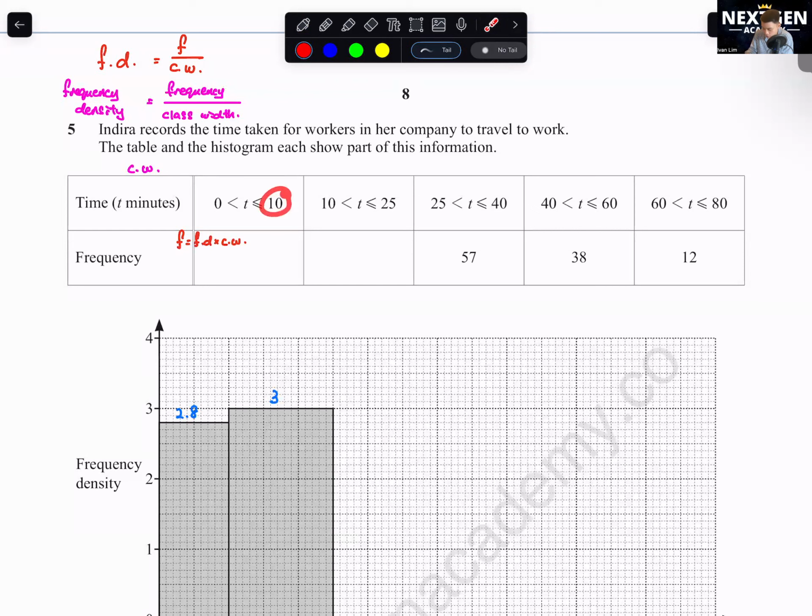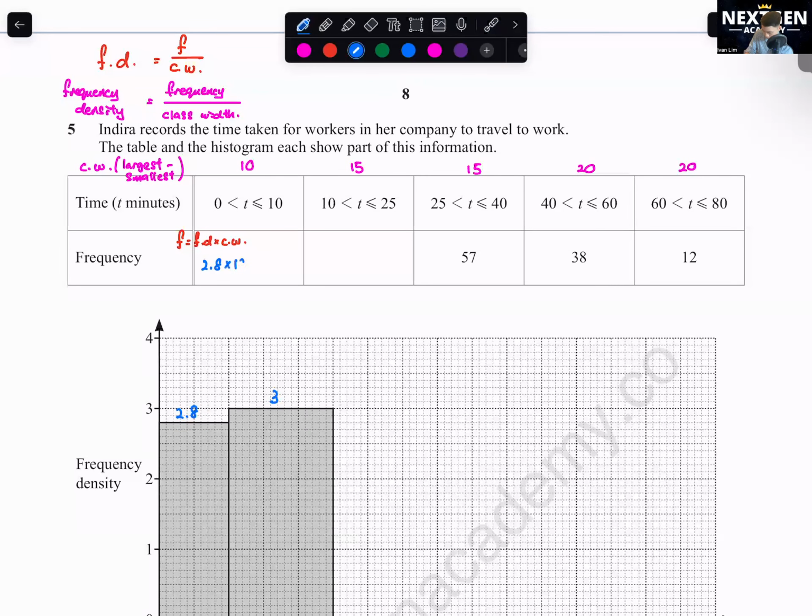So you take the largest value minus the smallest value in the class. Just write here CW. So 10 minus 0, this one will be 10. 15: you take 40 minus 25, 15. 20. This is your class width. So you're going to take frequency density, which is 2.8, multiplied by 10.